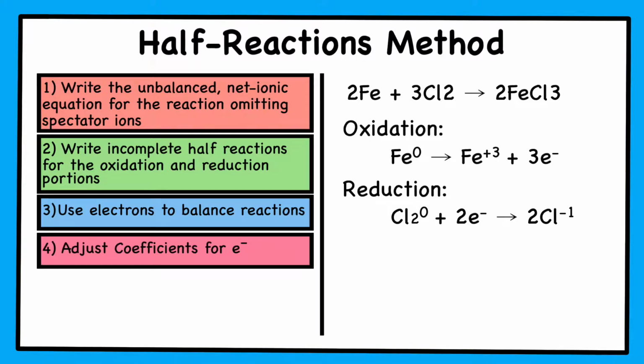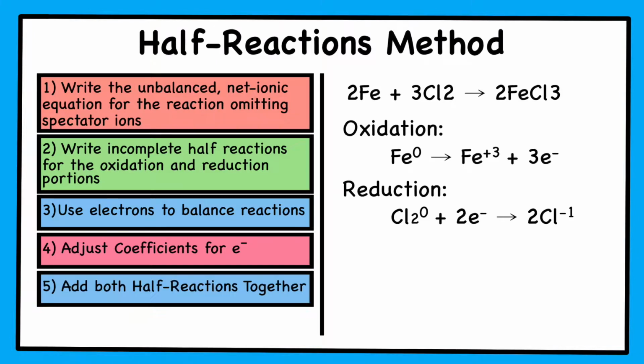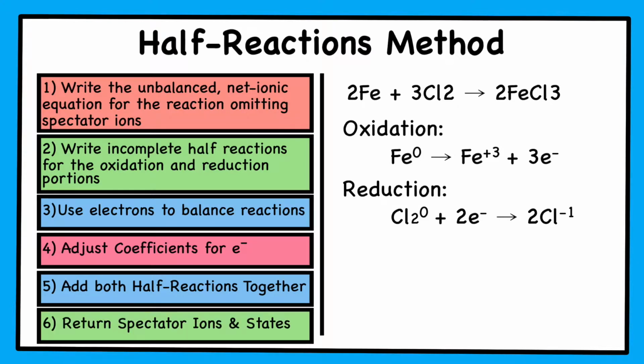Fourth, adjust the coefficient so that the number of electrons lost in oxidation equals the number of electrons gained in reduction. Our fifth step is to add both half reactions together and reduce or cancel out like terms on both sides. Then our sixth and final step is to return our spectator ions, and if we want, restore the state of matter identifiers.